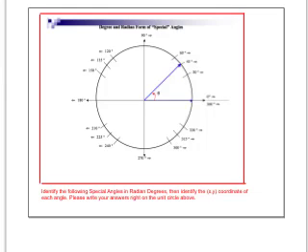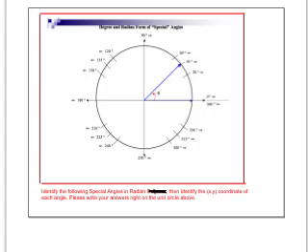Alright, there's our 17 special angles on the unit circle. What I've asked you to do is identify the following special angles in radian measures. Then identify the xy coordinate of each angle. Please write your answers right on the unit circle above.